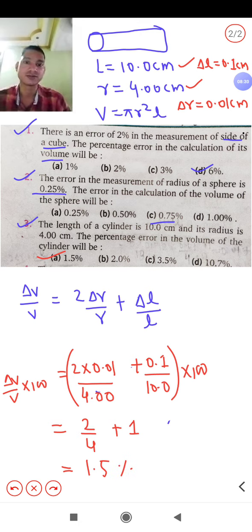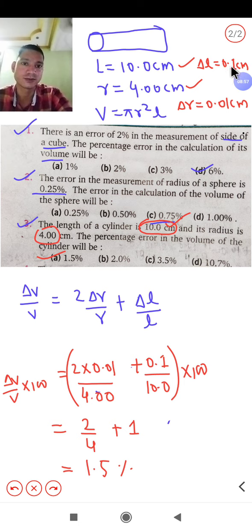So you know what, this was a little bit different because error is not given here. Error in the measurement of radius and error in the measurement of length is not given. So you need to figure out which instrument was used, and you can know that if you look at the reading up to 1 decimal point or up to 2 decimal places. Reading up to 1 decimal point means it was taken with the help of a meter rule.